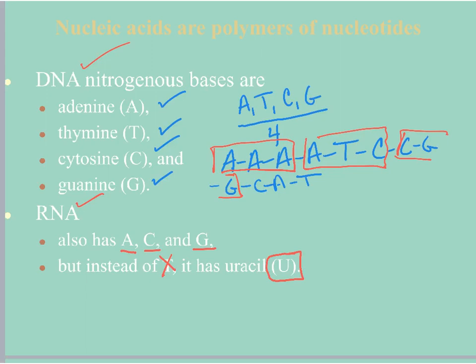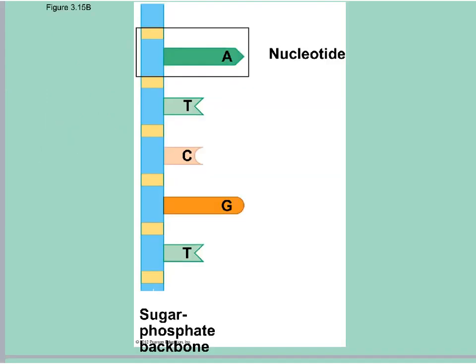So the genetic alphabet for RNA is A, C, G, and U rather than T. We'll reinvestigate this as we move through this semester, so these are just the basics. Don't worry too much about learning any more than this for now.